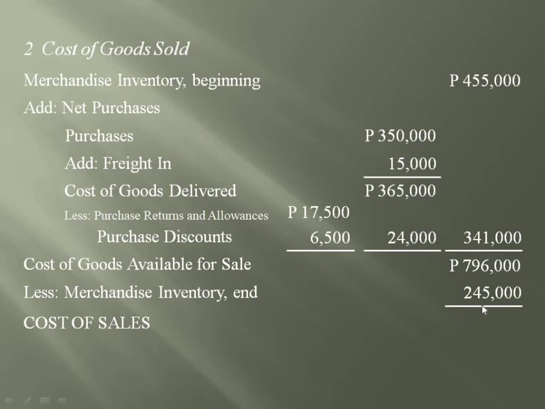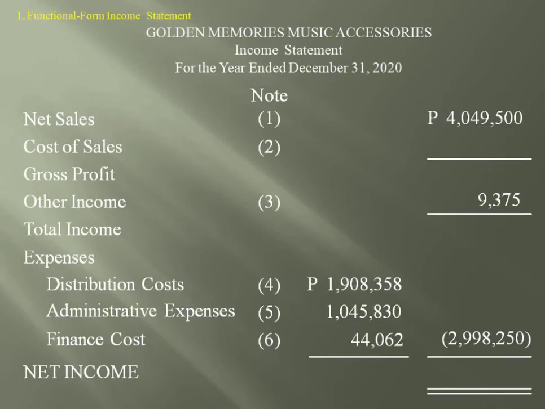Merchandise inventory end of 245,000 deducted from the cost of goods available for sale of 796,000 would give us cost of sales of 551,000, which must appear in the income statement.